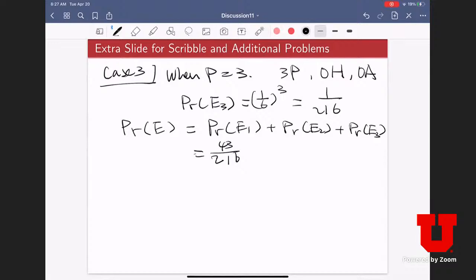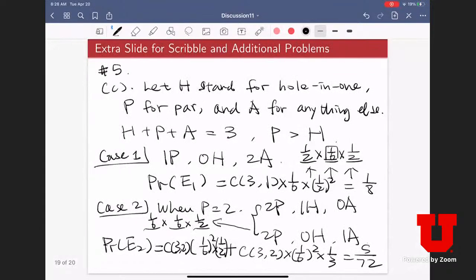All right, any question? Okay, then I have a quick question. Yeah, go ahead. For case 2, to get the total probability, you would add the individual cases together within that term?